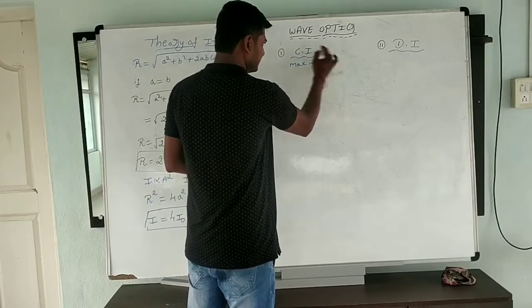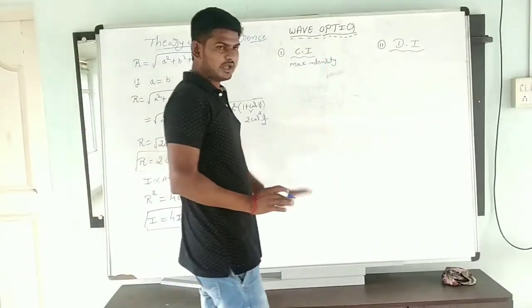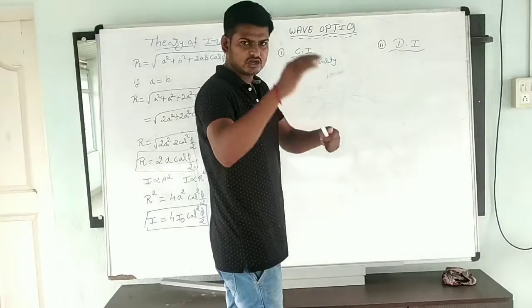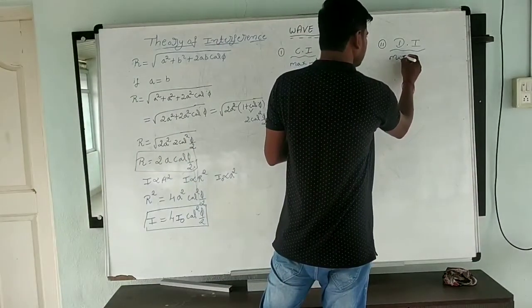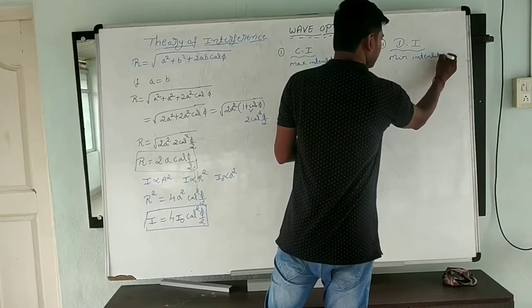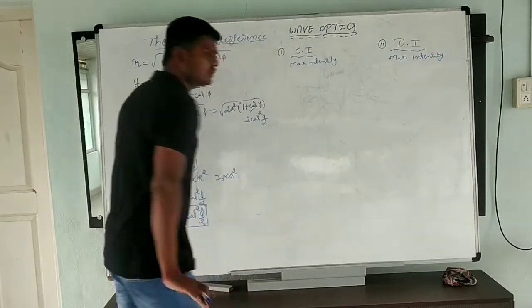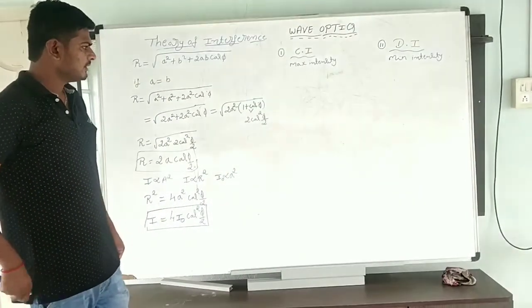Keep in mind, this is important. Constructive interference means maximum intensity. Same way, destructive interference means the crest of one wave falls on the trough of another wave, so it gives minimum intensity.